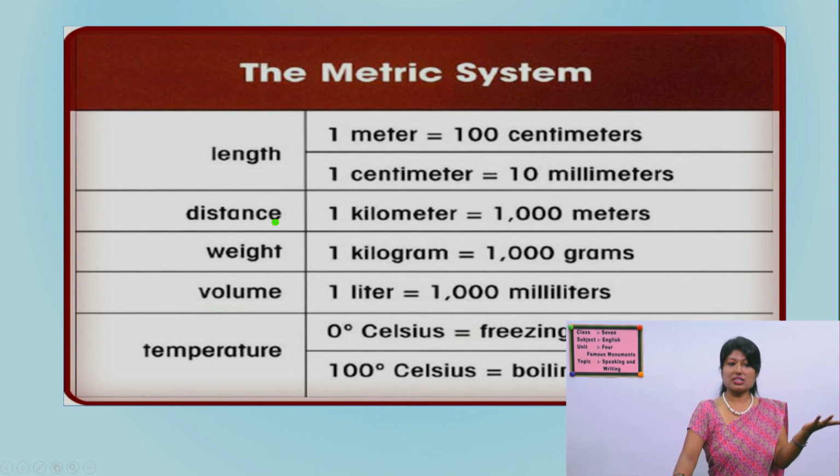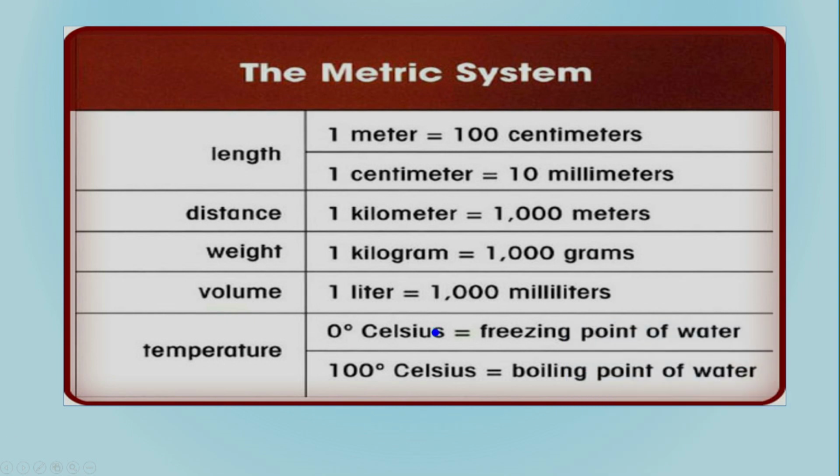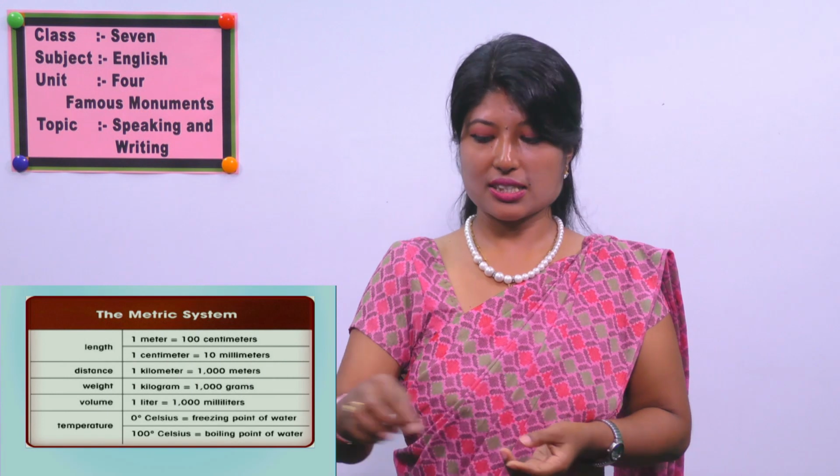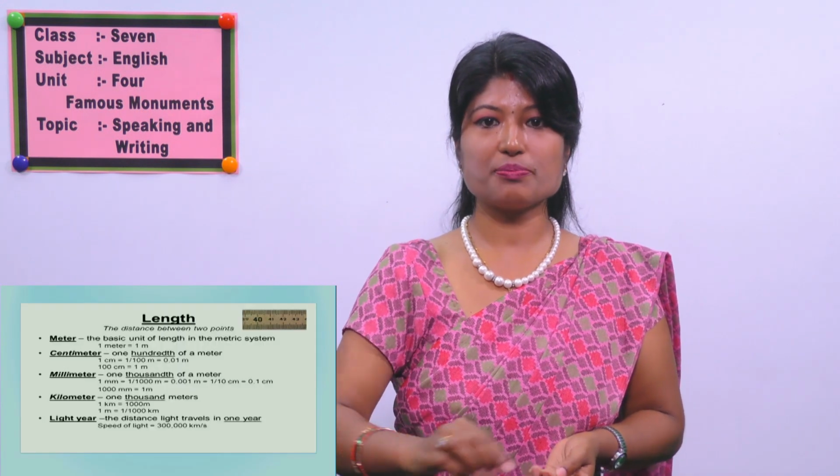About distance, 1 kilometer equals 1000 meters. About weight, 1 kilogram equals 1000 grams, and about volume, 1 liter equals 1000 milliliters. About temperature, 0 degrees Celsius is the freezing point and 100 degrees Celsius is the boiling point. So this is about the metric system.